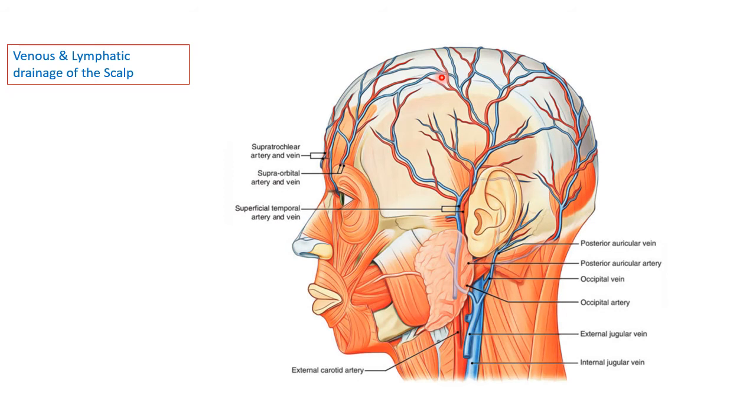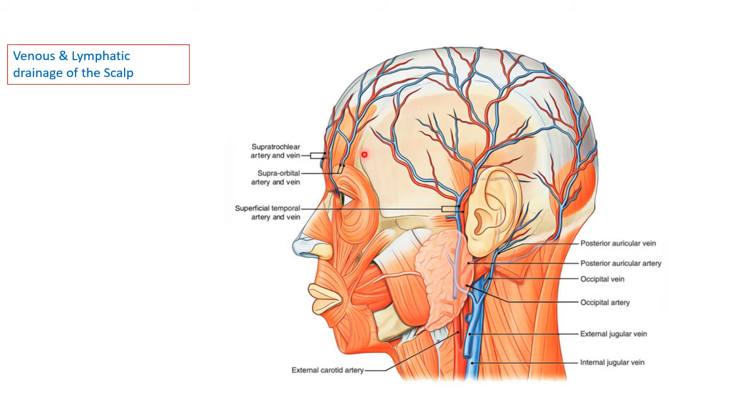The veins connecting the veins outside the cranium with the intracranial dural venous sinuses by passing through the foramina in the cranium are called emissary veins. These are emissary veins.